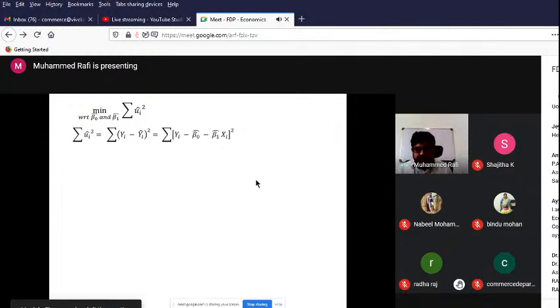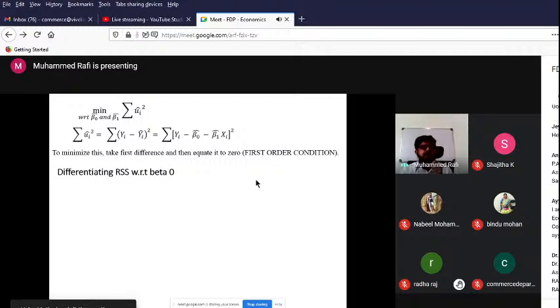This is the first order condition. So from that you will get two equations, we call them normal equations. Then when you solve those two normal equations, you get the values of beta 0 cap and beta 1 cap, which actually minimize the residual sum of squares. Now, what we do is we minimize with respect to, you differentiate it with respect to beta 0 first.